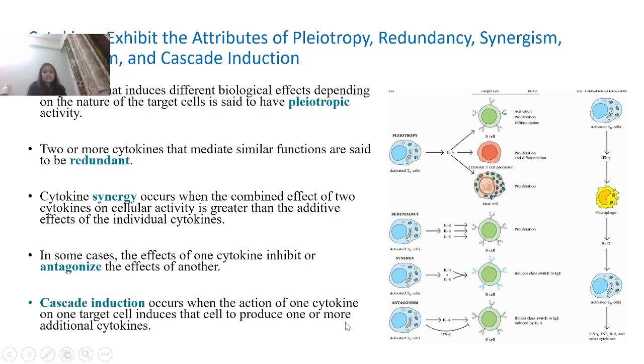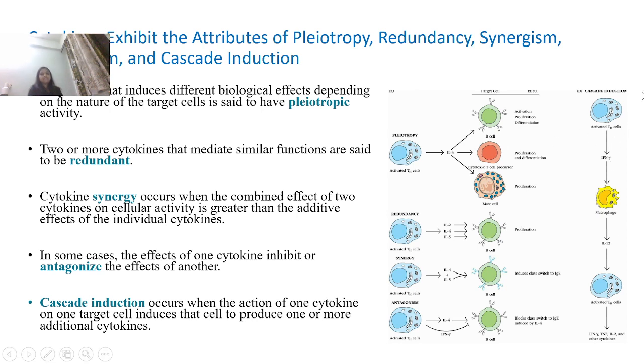Then, in some cases, the effect of one cytokine inhibits or antagonizes the effect of another. For example, IFN gamma is blocking the activity of IL-4 and blocks class switching to IgE induced by IL-4. So these are the different properties of cytokines: pleiotropic behavior, redundant behavior, synergistic activity, antagonizing, and there is also cascade induction.